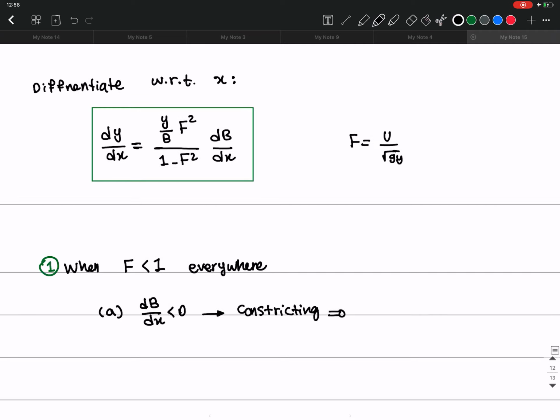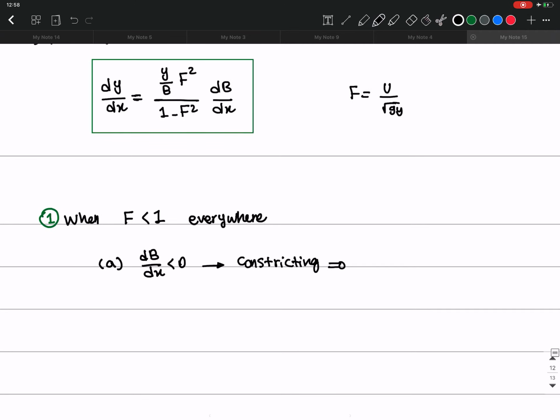And so just put it in this equation. We have Froude number smaller than 1, so this term is going to be greater than 0, positive. This is also a positive number, Froude number.